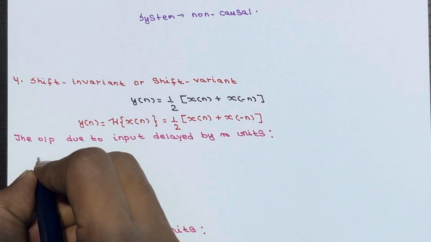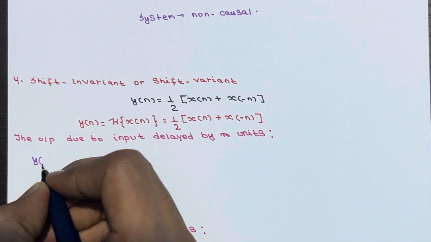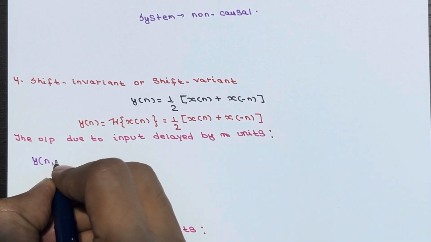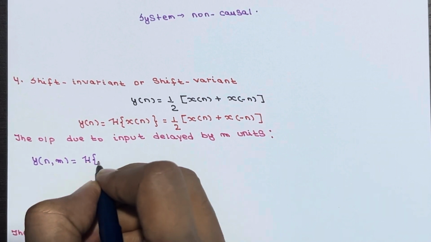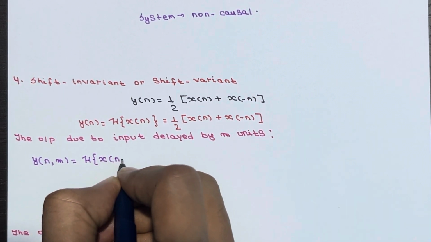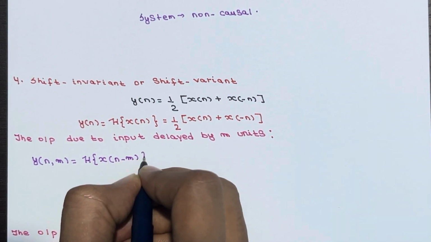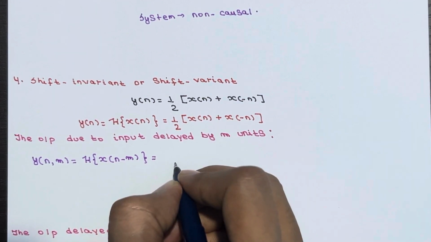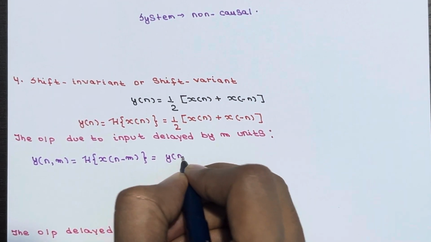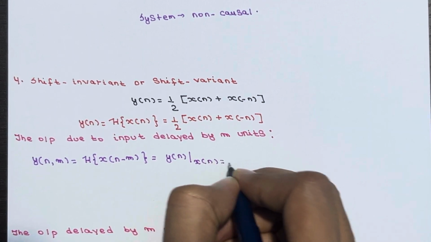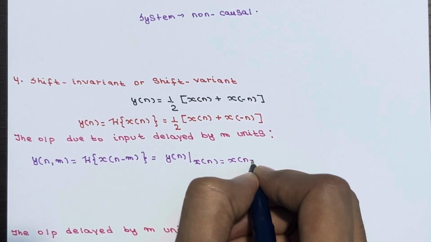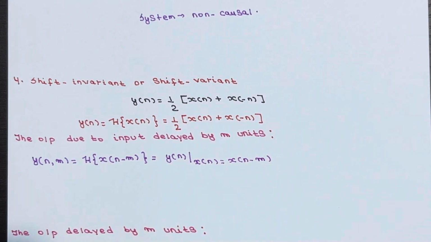So you have to calculate y of n comma m, which is the transform of x of n minus m, which is again y of n when x of n is equal to x of n minus m. Clear?